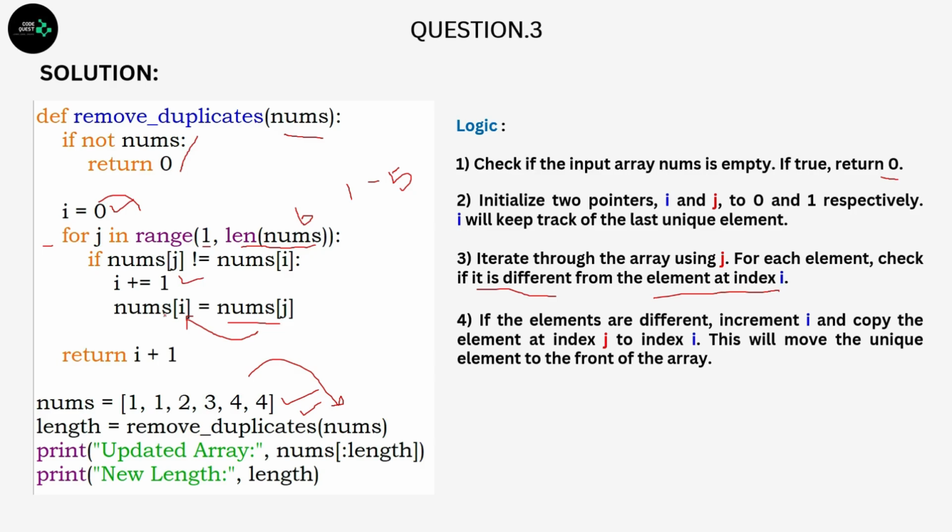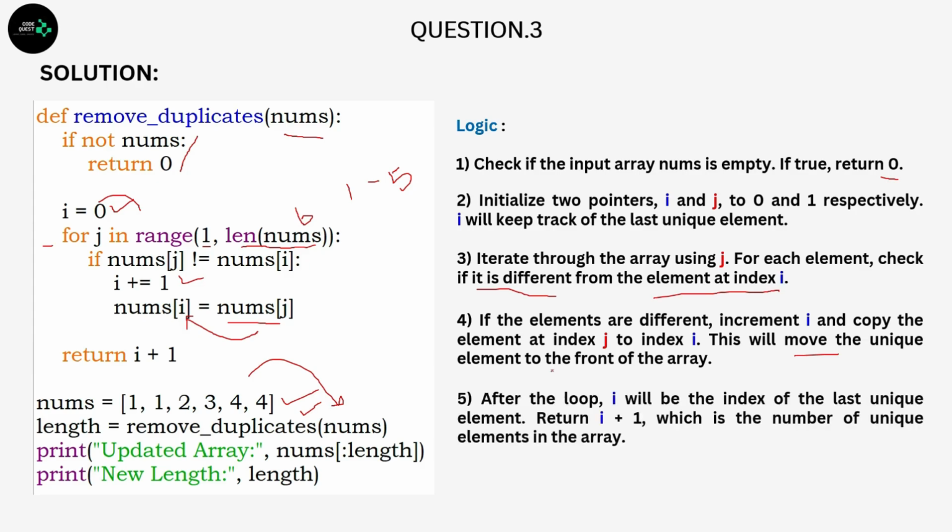What this will do is move the unique element to the front of the array. After the loop ends, i will be the index of the last unique element. So towards the end, I am going to return i plus 1, which is the number of unique elements present in the array.